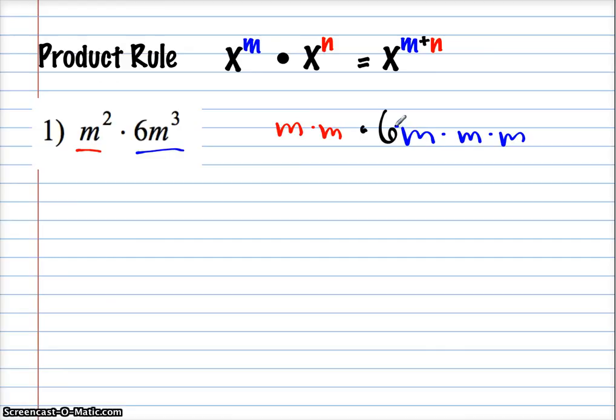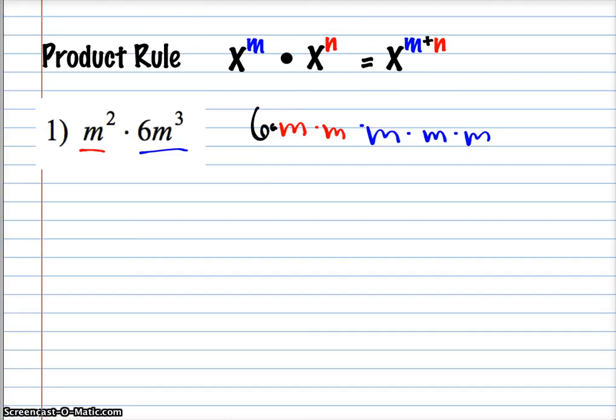Now, my commutative property allows me to rearrange things if necessary. So I'm going to put this 6 out here to the front. That way I keep all my m's together. So that's my commutative property. It lets me move things around.